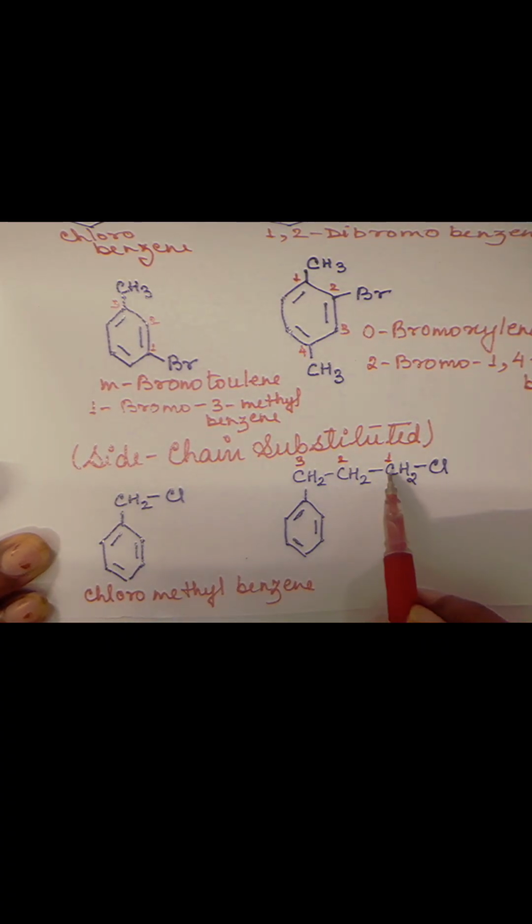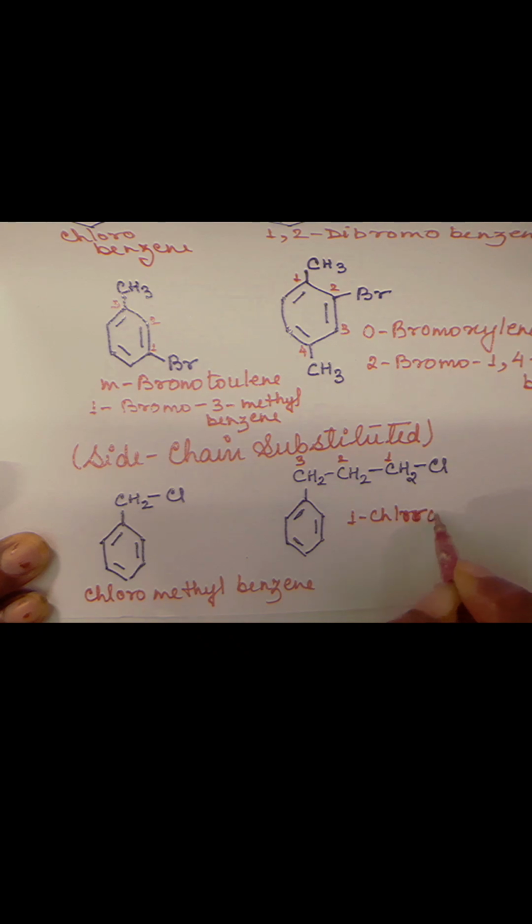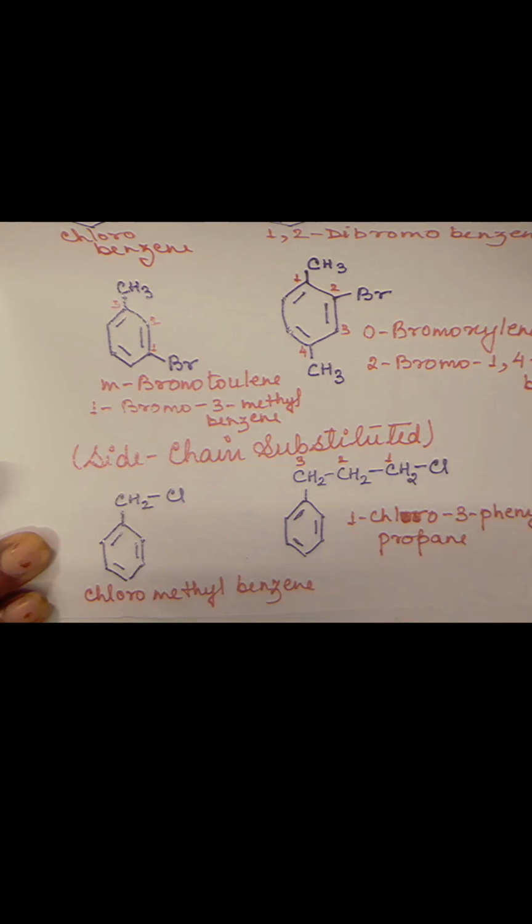To the first carbon, chloro is attached and to the third carbon, phenyl is attached. So we would write 1-chloro-3-phenylpropane, as there are 3 carbons.